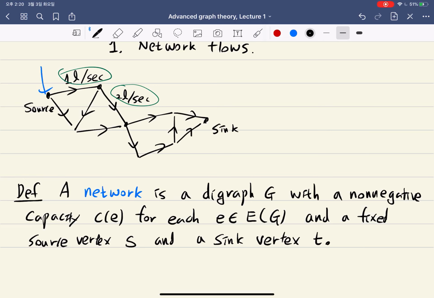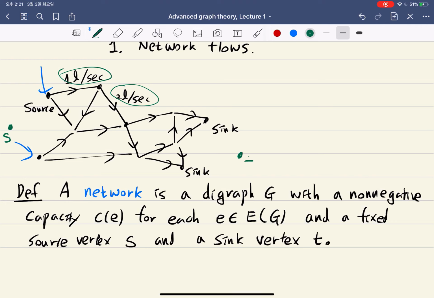You might wonder why we fix one source vertex and one sink vertex. Because there could be a situation where there is another source here, and water is going this way, and another sink here that consumes the water. But in those situations, you can actually reduce to this network, because we can simply add a super source and a super sink.